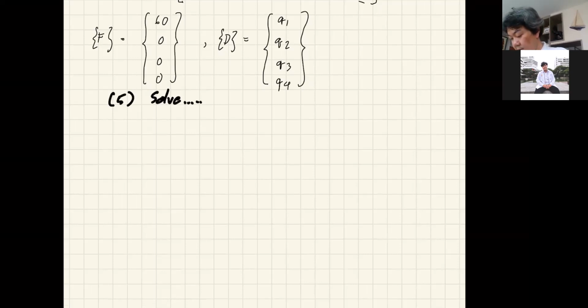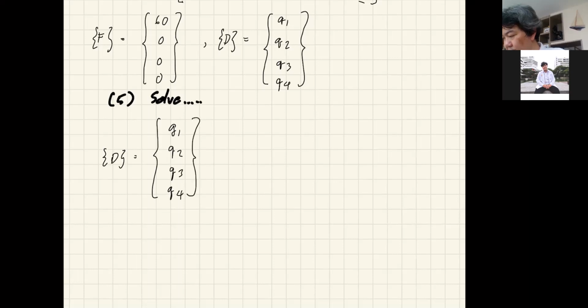Okay, so if you have a D, which is equal to Q1, Q2, Q3, and then Q4, in case you forget, we always have F equals KD, right?